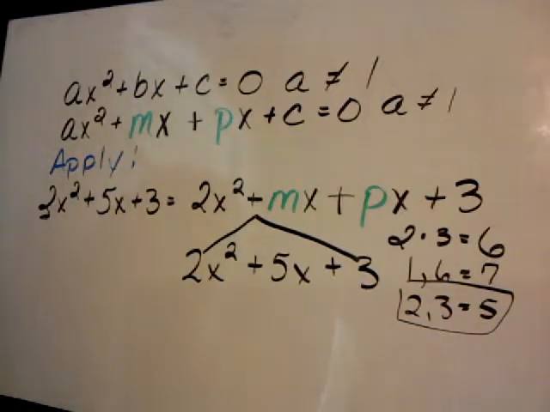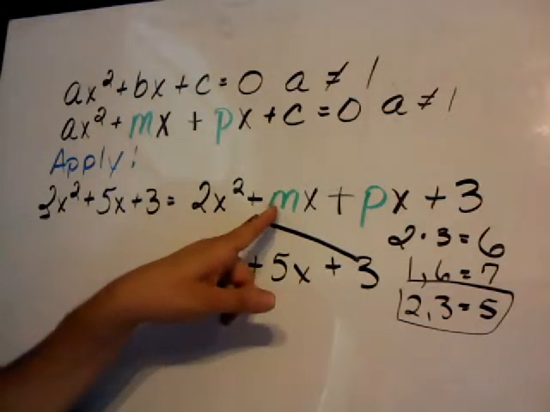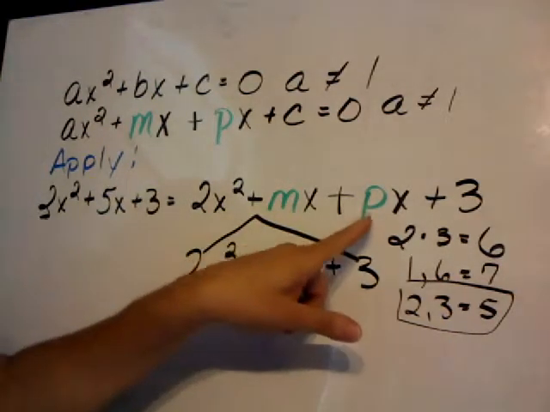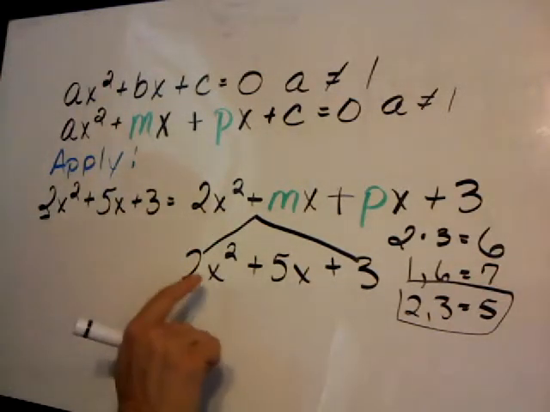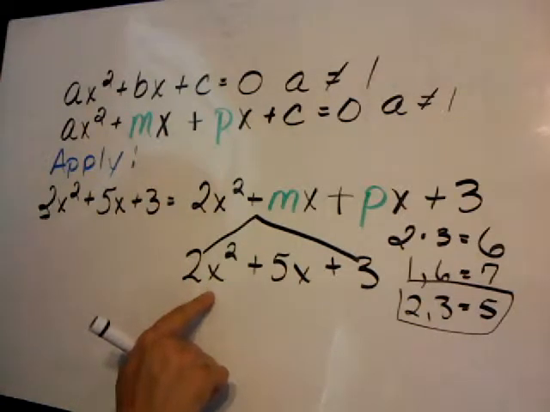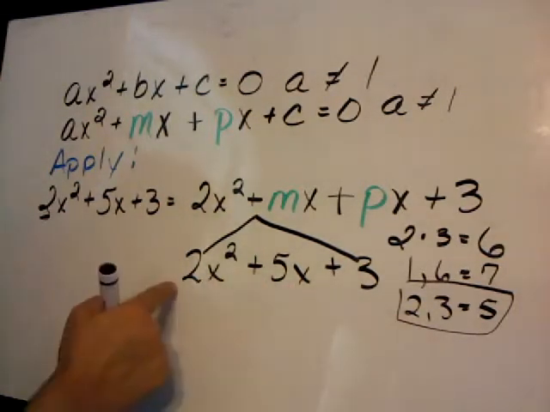Now, the important part of determining who is m and who is p is we want to group things together that can be factored, that we can get a greatest common factor. So I know if I put the 2 over here with the 2, that's going to make a little bit more sense.